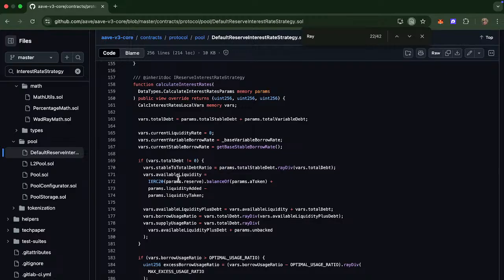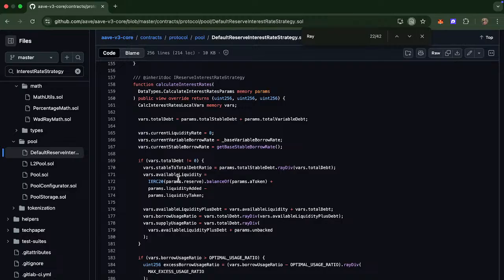Yeah, what it is doing is total debt variable, where total debt parameter is total stable debt plus total variable debt. That is what it is doing. Current liquidity rate is 0. Current variable borrow rate is base variable borrow rate.